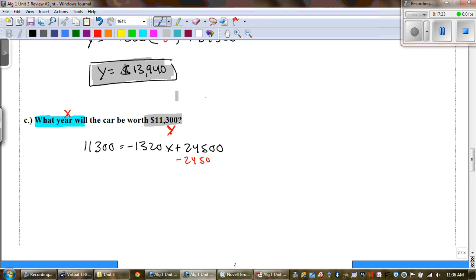We got to subtract the 24,500 from both sides. So I'm doing that on my calculator right now. We get negative 13,200 equals negative 1,320x. So to solve for x, we have to divide both sides by negative 1320.